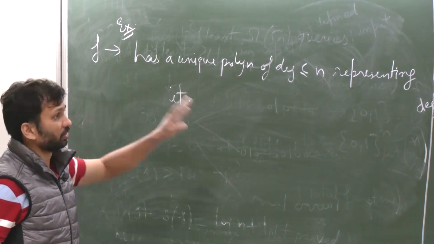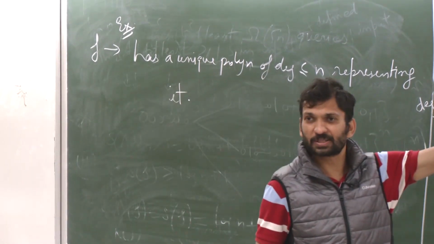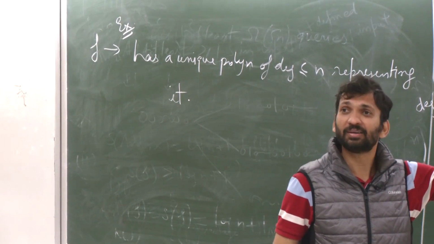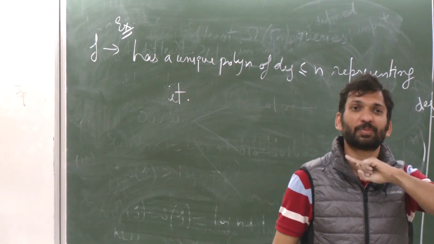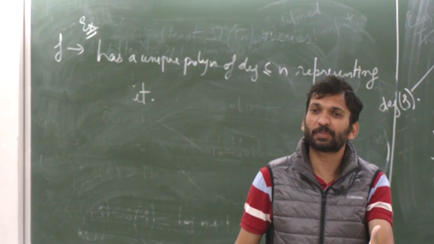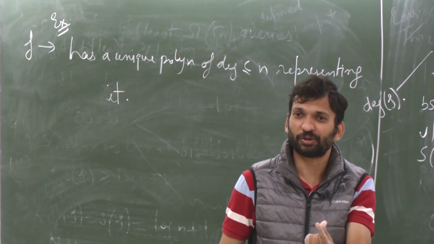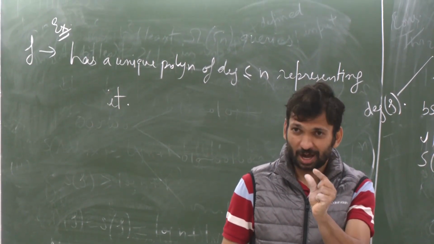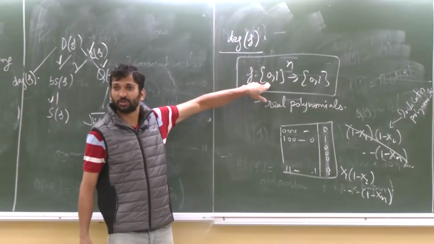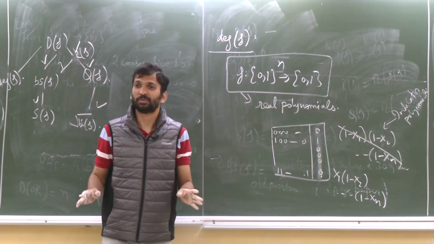I showed that there is a polynomial representing it of degree at most n. So if you restrict yourself to that degree, there is exactly one polynomial which represents it. And the proof basically would be, if there are 2 polynomial representations, you take their difference. So now I have a polynomial which is 0 on all 2 to the power n values.